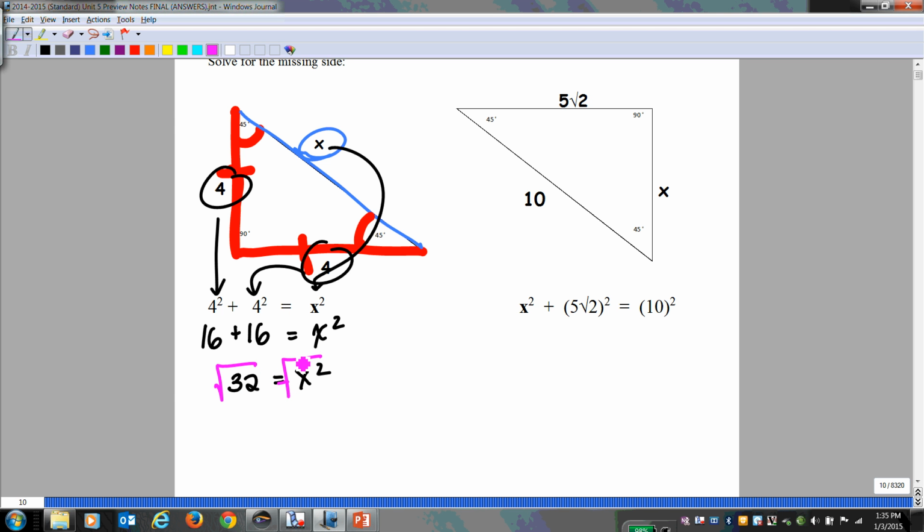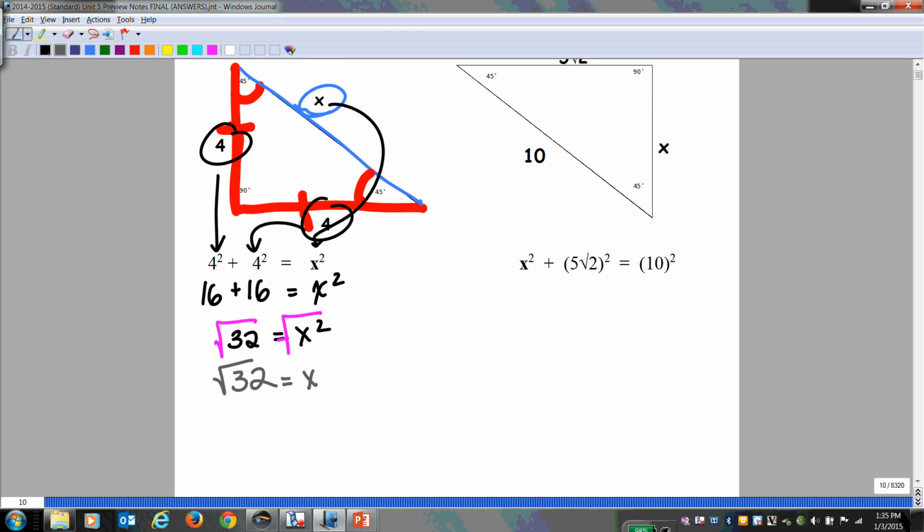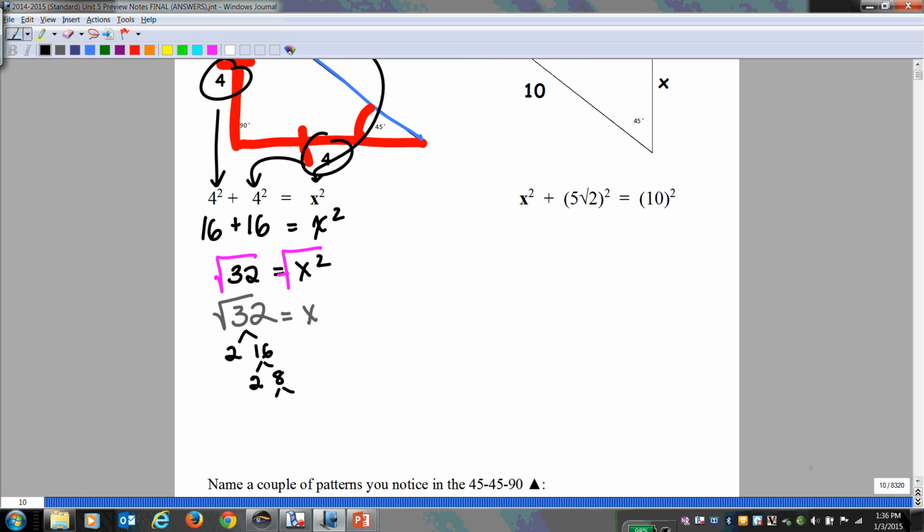The opposite of squaring is square rooting. So we have x equals the square root of 32. Since 32 isn't perfect, we must factor it. 2 times 16, 2 times 8, 2 times 4, 2 times 2.